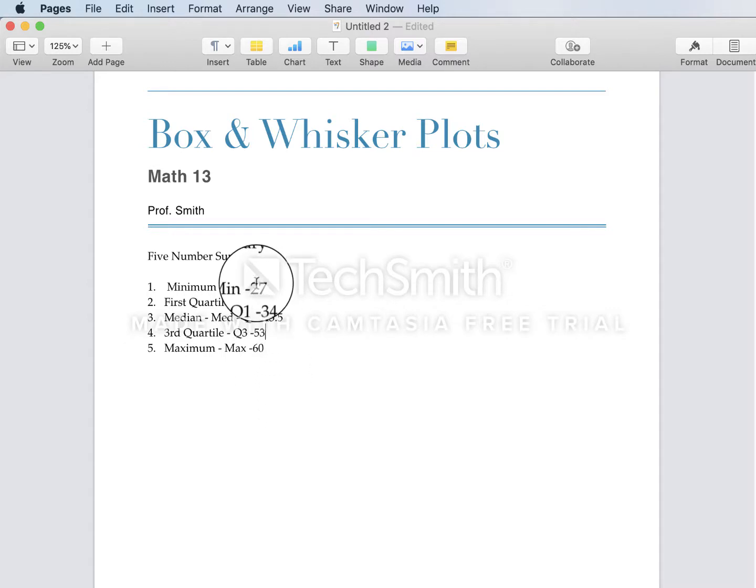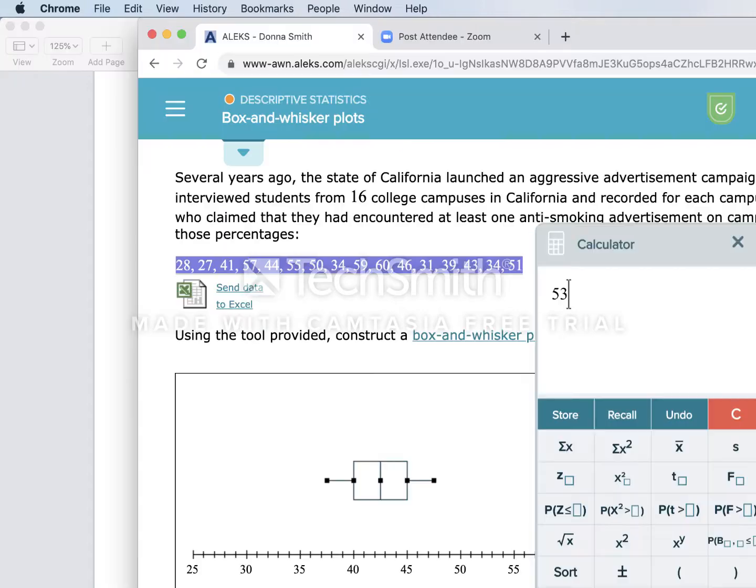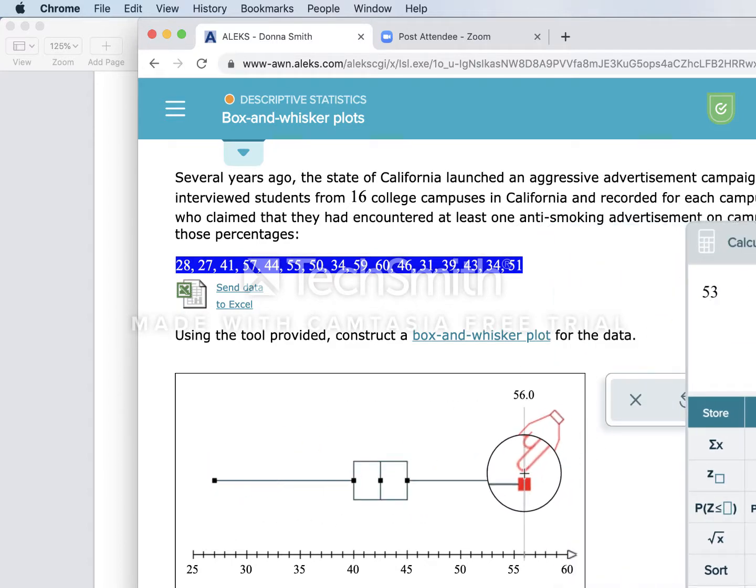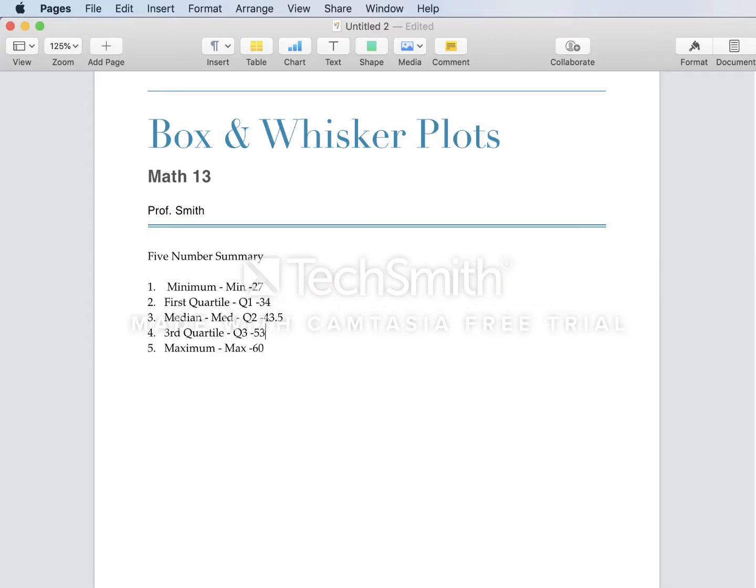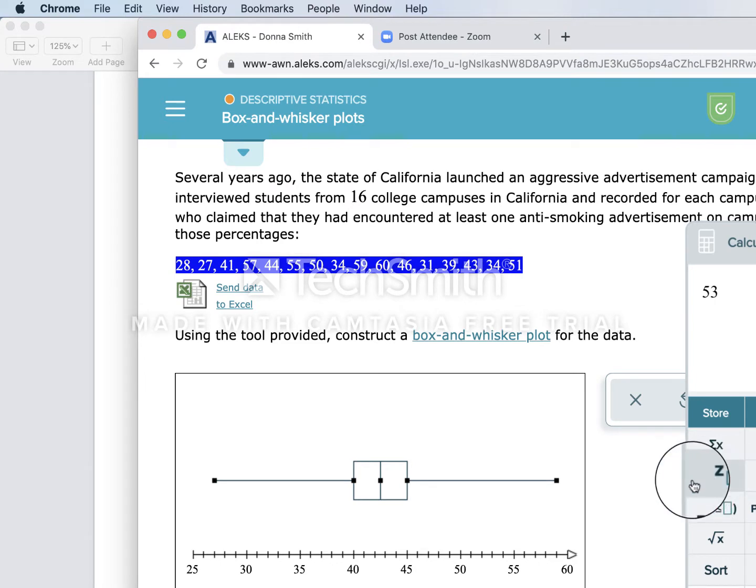I'm going to start with the min of 27 and the max of 60, kind of working on the outer fringe. So a min of 27 and then a max of 60. And then I'm going to go to the first quartile, and the first quartile was 34. So let's capture that 34.